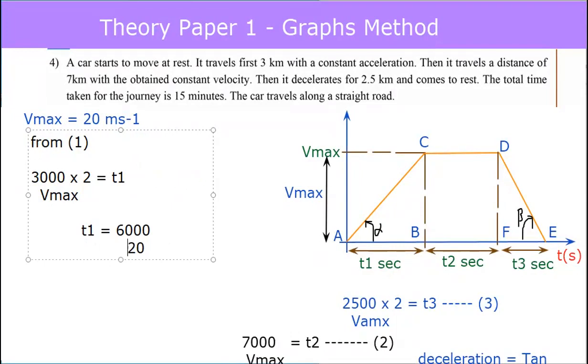One zero cancels with the other, so we have 600 divided by 2, which means 300. So T1 is 300 seconds. Who got this answer? Please raise your hand up if you got 300 seconds.